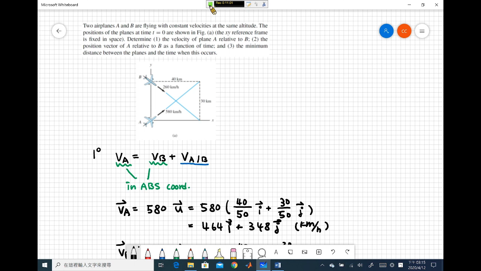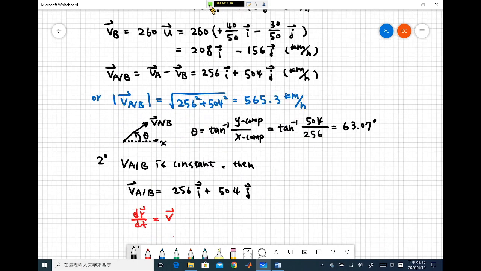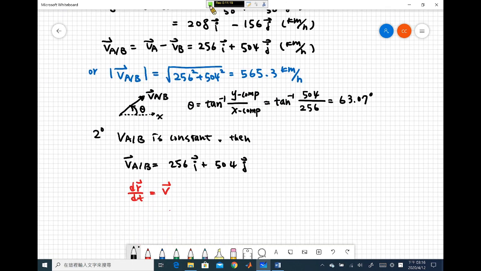In terms of the r, from the very beginning, it's shown in this figure. So in the very beginning, you do have the relative position, right? So from this equation, you move things around, then you will have dr equal to VA relative to B times dt.